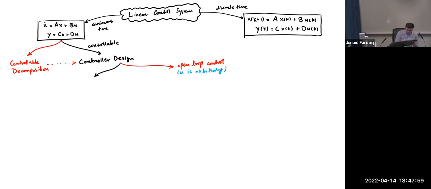But we then saw closed loop or feedback control, right? So sometimes we call it closed loop, but also feedback control. When we say feedback control, the implication is that u equals minus capital K x.